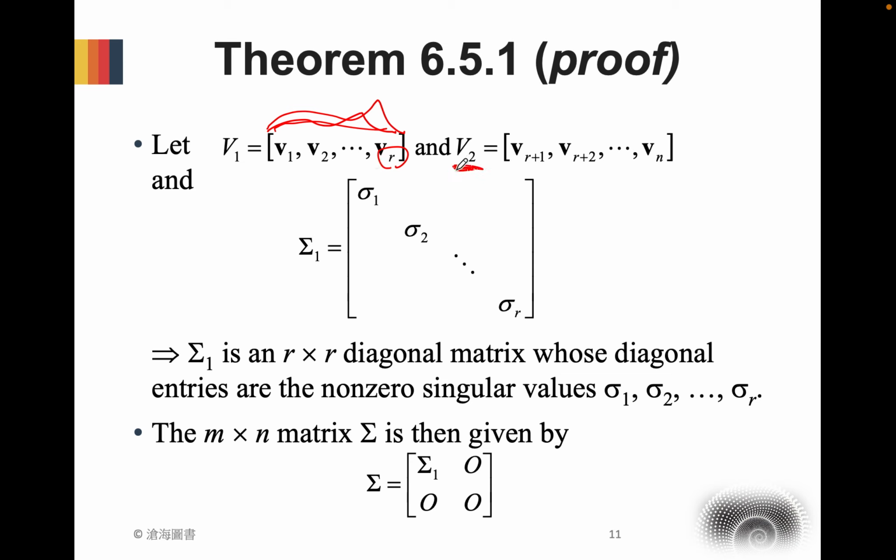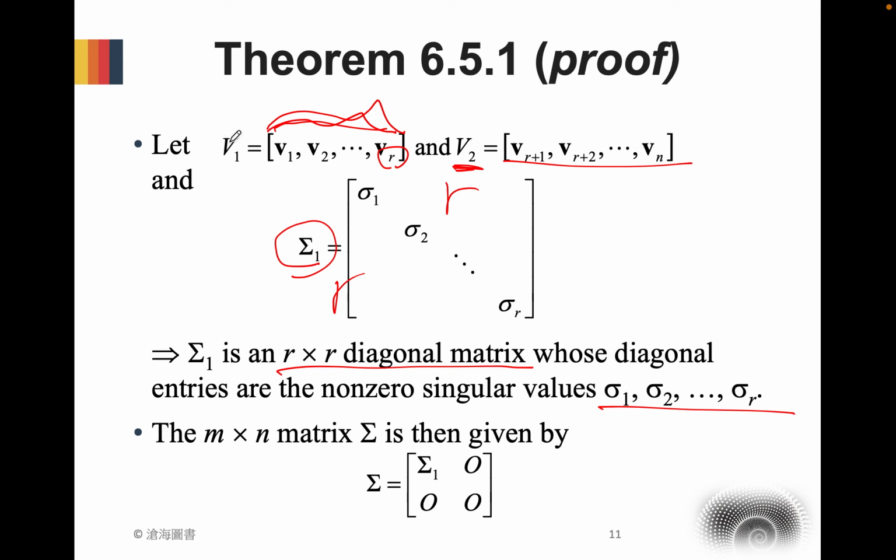And the matrix V2 accumulates the last n minus r eigenvectors. With that, the matrix sigma 1 is a diagonal matrix, which is r by r, and its diagonal entries are the non-zero singular values sigma 1 to sigma r.